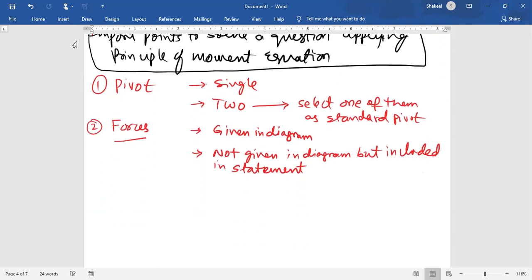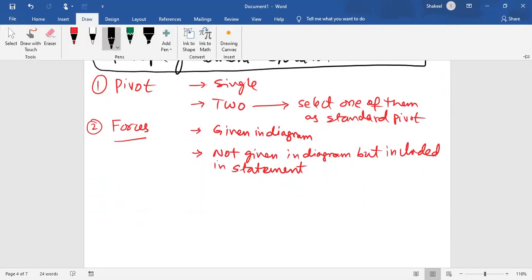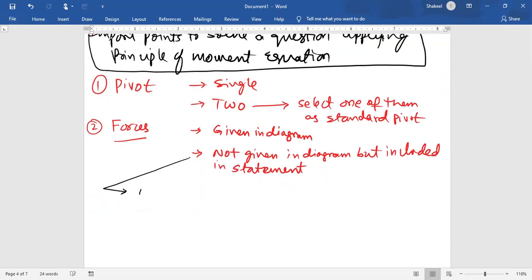And I will tell you about this as well. Let's talk about these forces. Point number two. One thing is weight of uniform mass plank or rod. So that will be acting from center of gravity point.